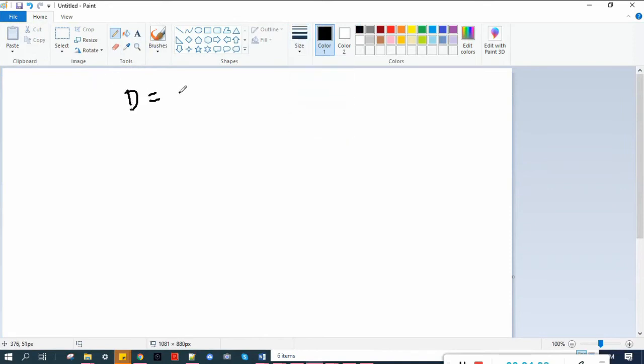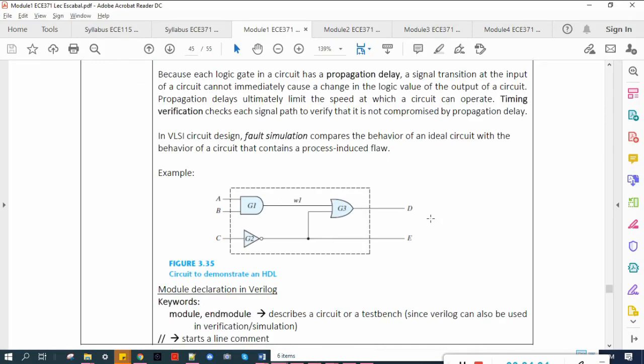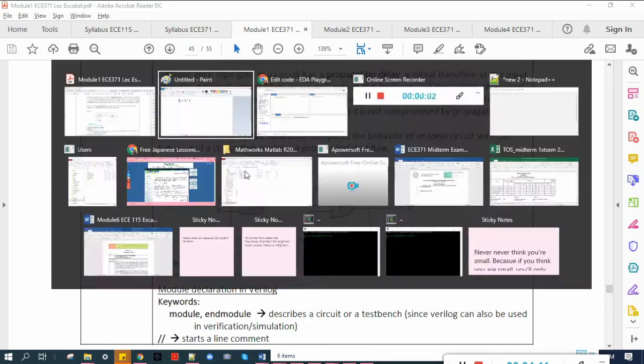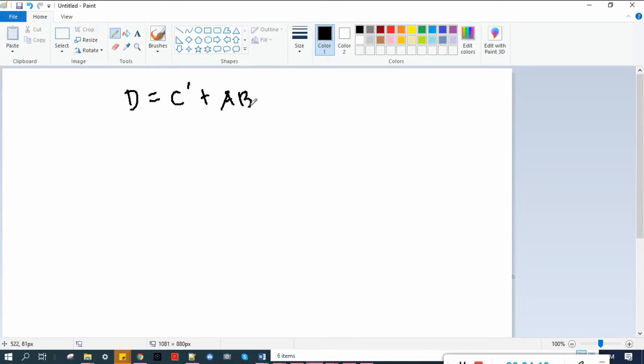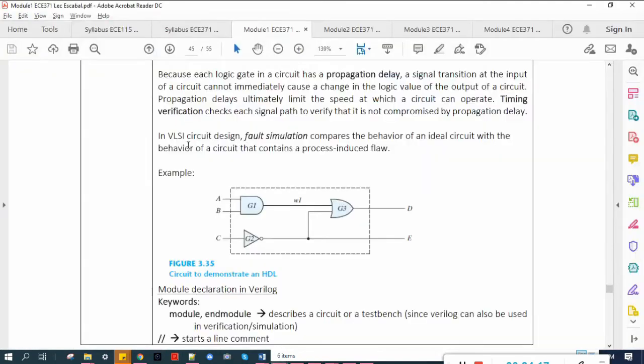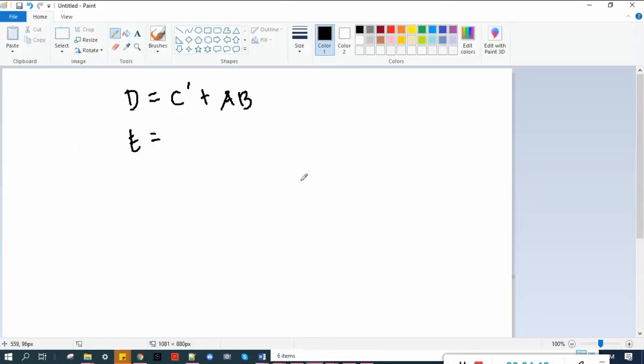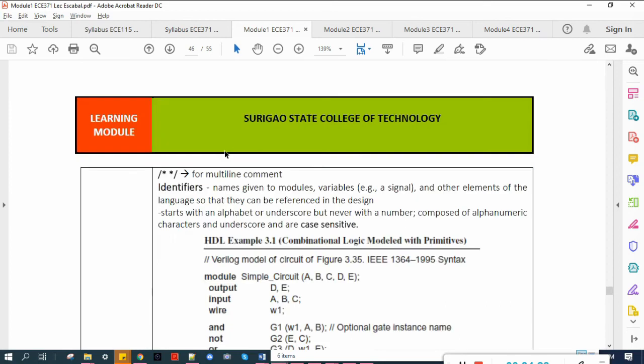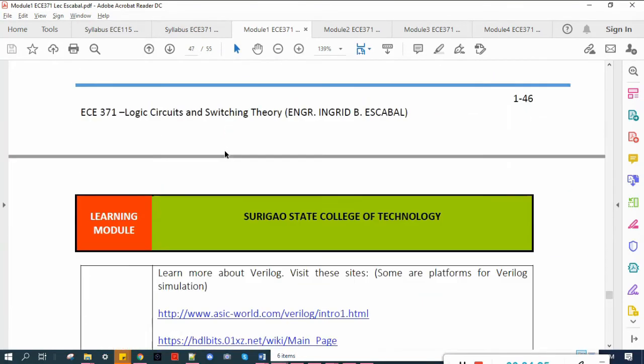D is equal to C prime, this is C prime or AB. Then E is equal to C prime. Let's check that to our test bench.